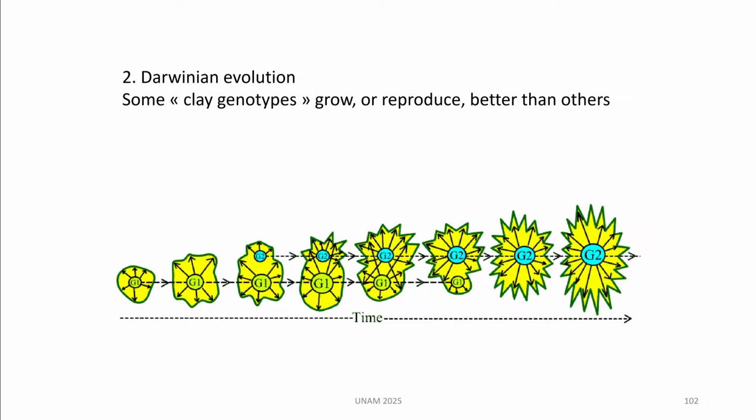For some reason, while growing, the sequence is not correctly copied. And the new sequence is actually able to grow faster. It's represented here as the pointed crystal. And after some time, it will displace and even eat out the first type of genotype. And we can say that one type of clay genome will have been selected over another.